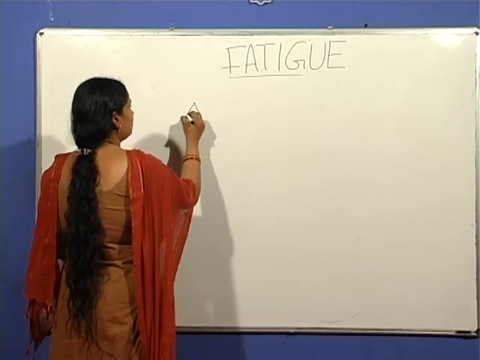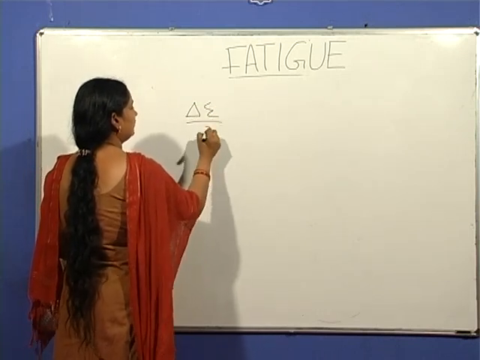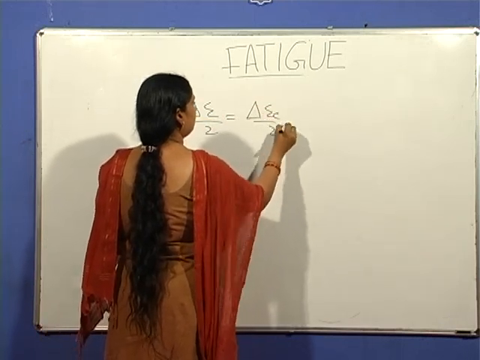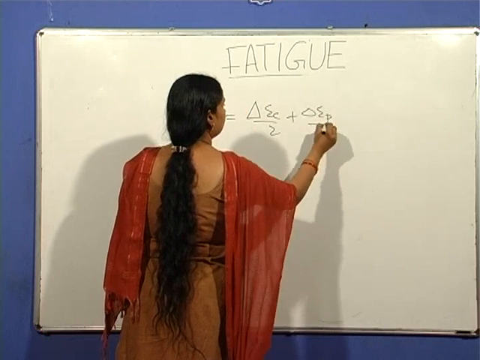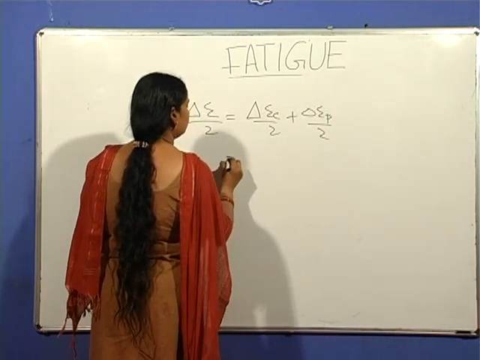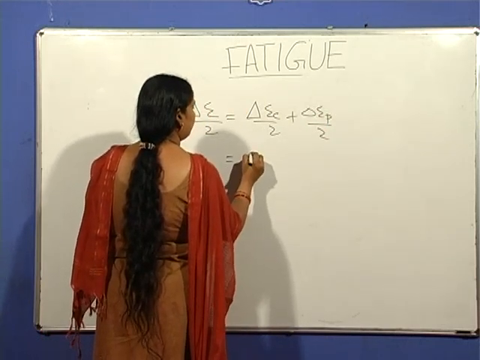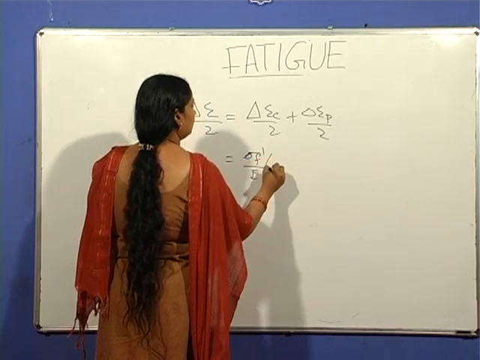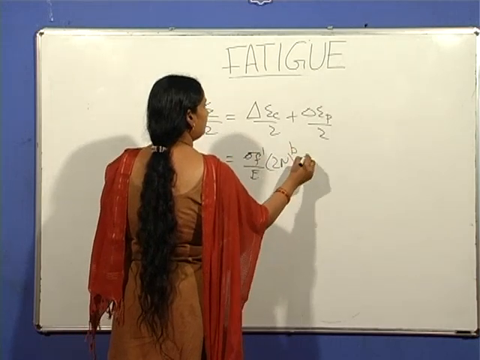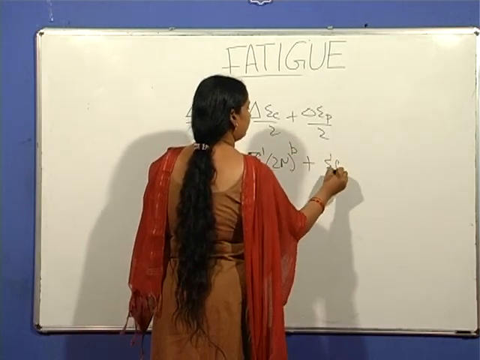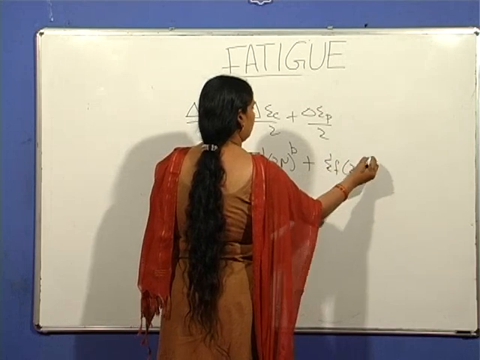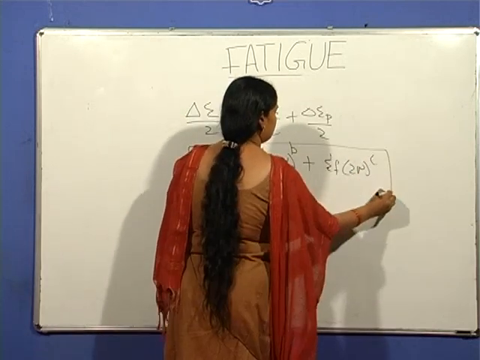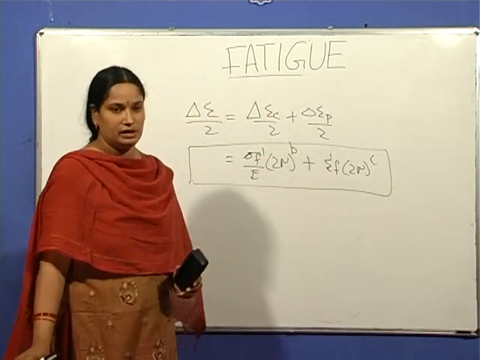So from this equation we have delta epsilon by 2 is equal to delta epsilon E by 2 plus delta epsilon P by 2, that is equal to sigma f prime by E into 2N whole to the power of b plus epsilon f prime into 2N whole to the power of c. This equation is also known as the strain life equation.